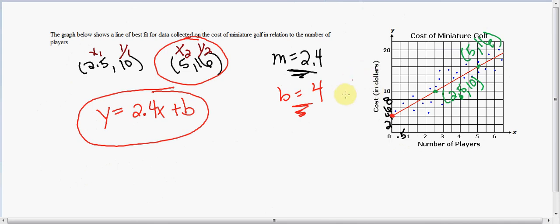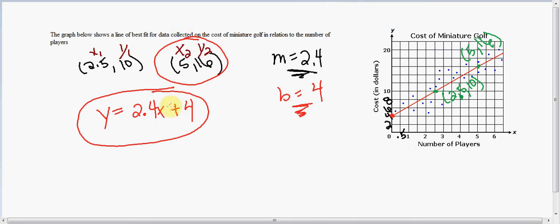Now we can use our graph over here, the scatter plot with the line of best fit drawn on it, and we can also use the equation that we just wrote. And I don't know why I wrote b. I should write 4 there. Let me erase that. Plus 4. Sorry. All right.